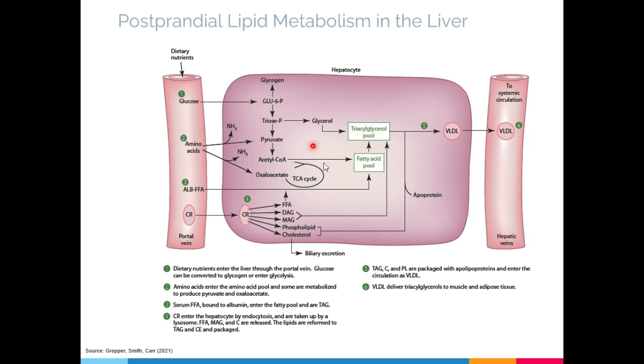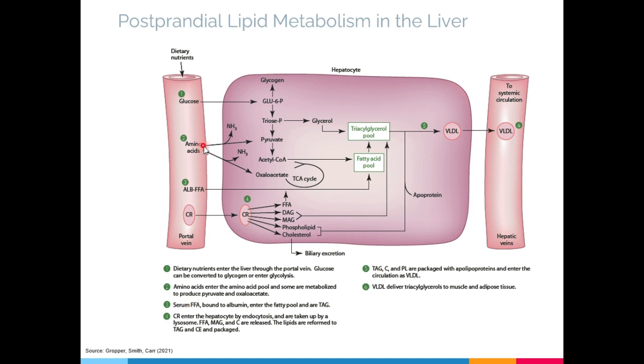So as you can see here, carbohydrate can really be turned into fat. This is how we convert carbohydrates to fats. This happens in the liver, because these are hepatocytes. Okay? So, what about amino acids?